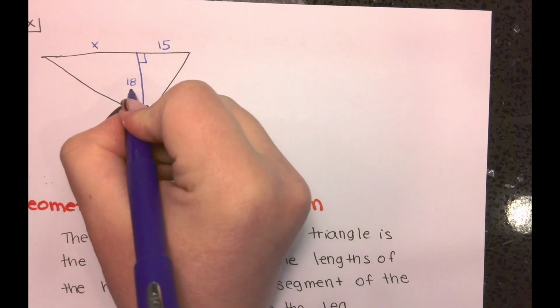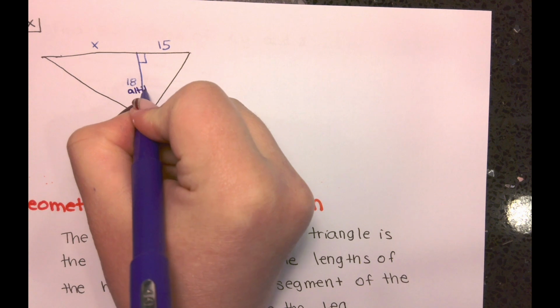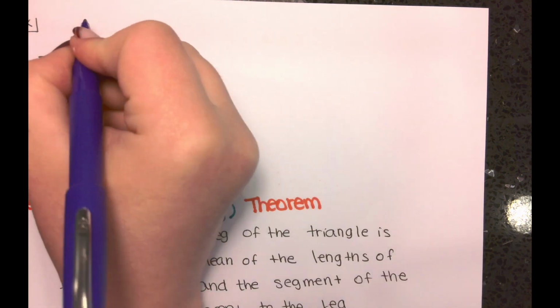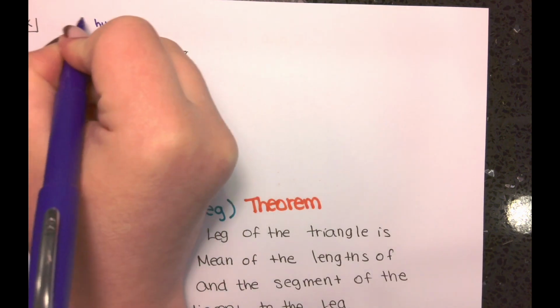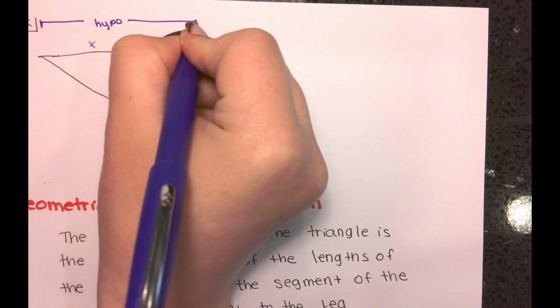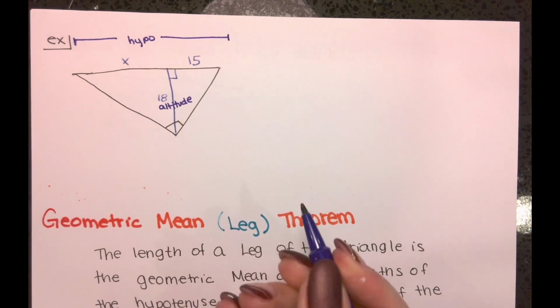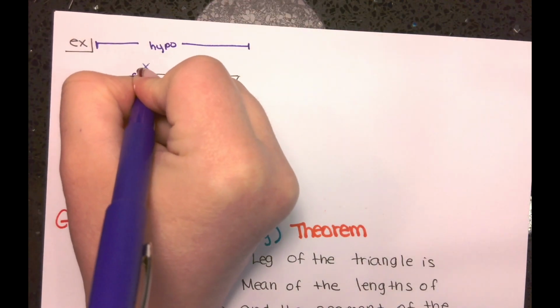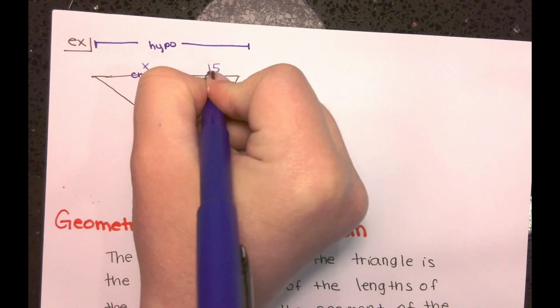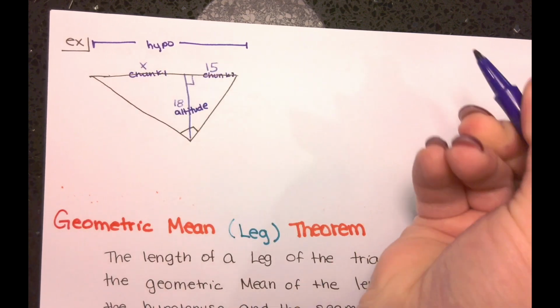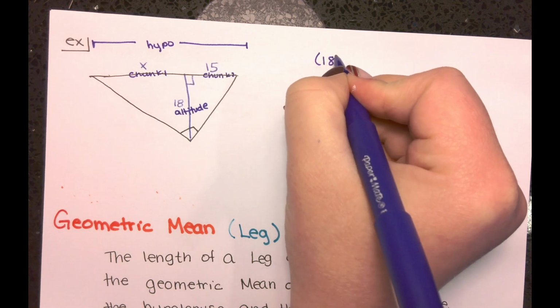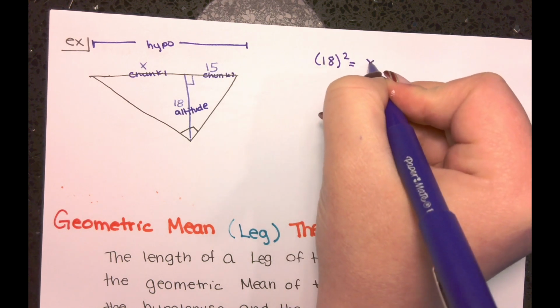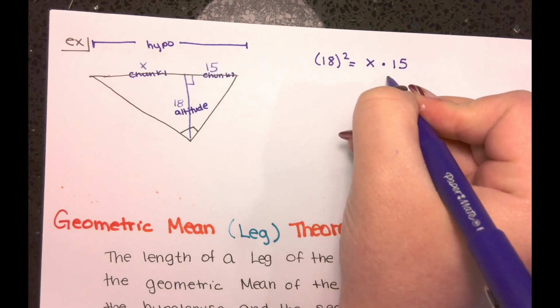Okay, we have an altitude. Here you have our hypotenuse. We have our chunk 1. We have our chunk 2. So we have our altitude squared is equal to chunk 1 times chunk 2.